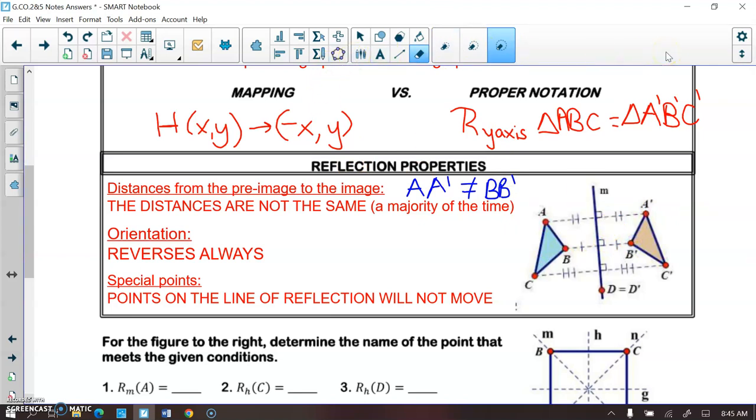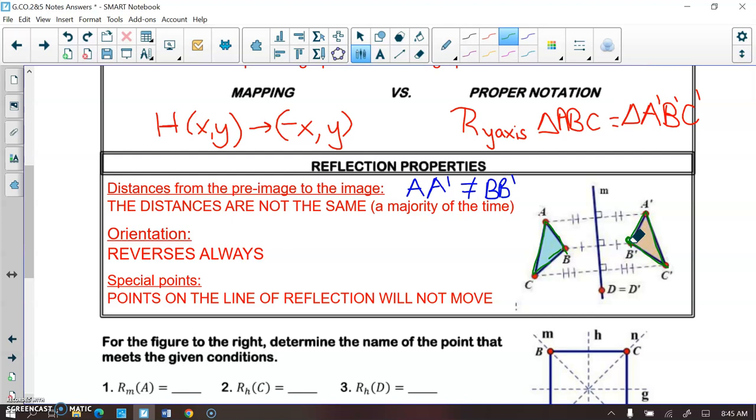In reflections, orientation reverses. What that means is that if I pick a starting point on my pre-image triangle, it does not matter which starting point you choose. Let's start with B this time. If I move clockwise around this triangle, I go from B to C to A back to B. But if I start at B prime on my image and go clockwise along this image, I go from B prime to A prime to C prime to B prime.